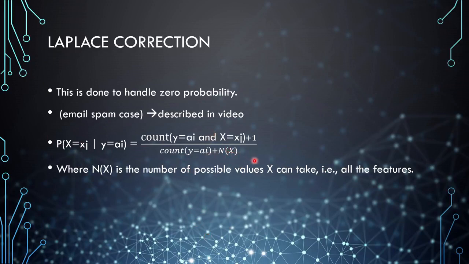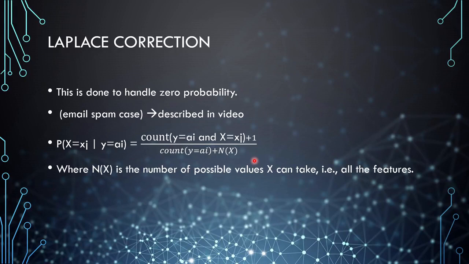So why is it done? Let me explain with that email concept. Now what we do is we say that even if our ML model did not encounter a new word in our mail and did not find that word earlier, it will pretend that it has seen it once.